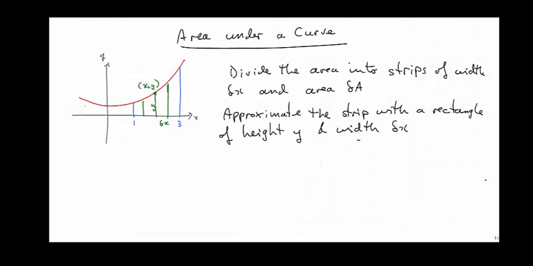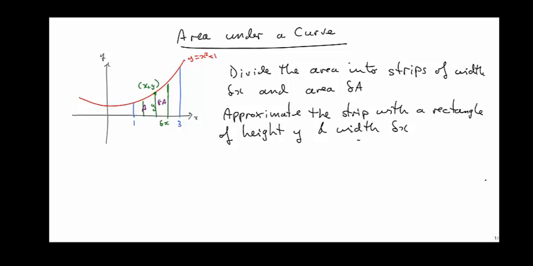So let us divide the area under the curve y equals x squared plus 1 into some strips. Each strip has width delta x, height y, and if A is the area under the curve up until the point x here, then the area of the strip we can call delta A, the change in area.